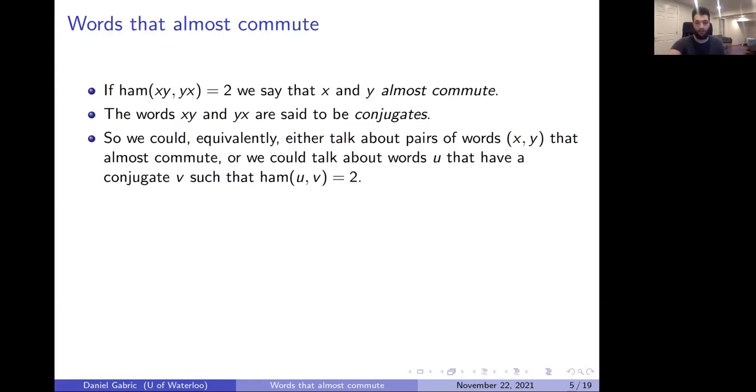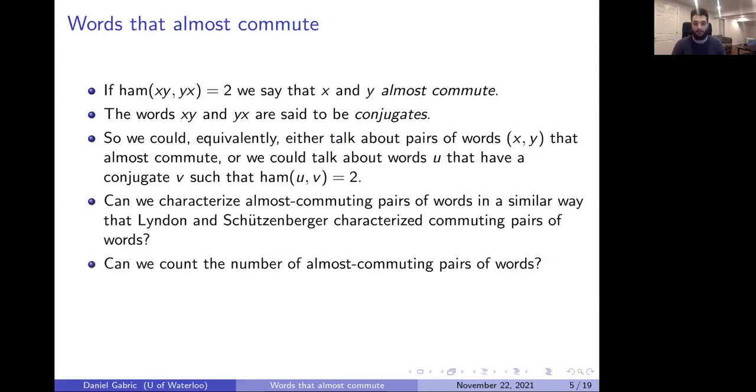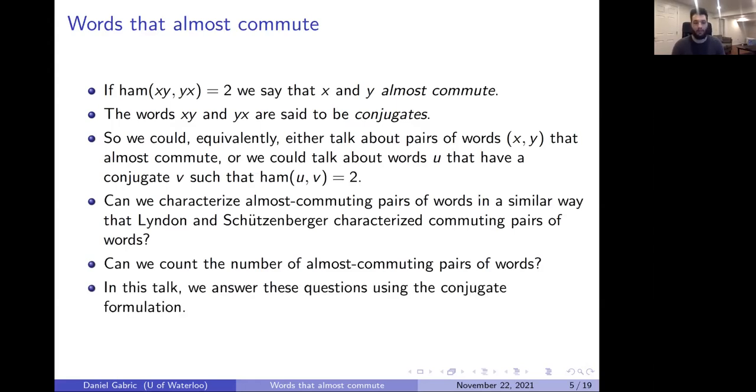It's just an alternate way of talking about the same thing. So can we characterize almost commuting pairs of words in a similar way that Lyndon and Schützenberger characterized commuting pairs of words? And also, can we count the number of almost commuting pairs of words? In this talk, we'll answer these questions using the conjugate formulation of the problem.